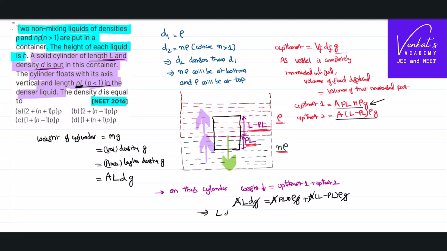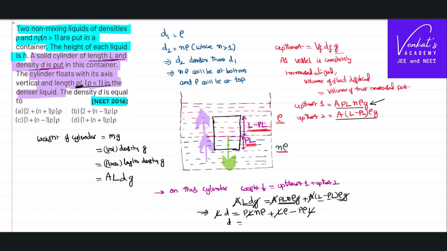L into the density of the liquid, the length of the cylinder times the density, equals PL N rho, plus L into rho, minus P rho L. Anyway, L is there in every term, so that can be cancelled.